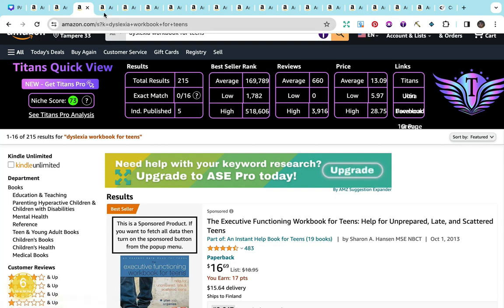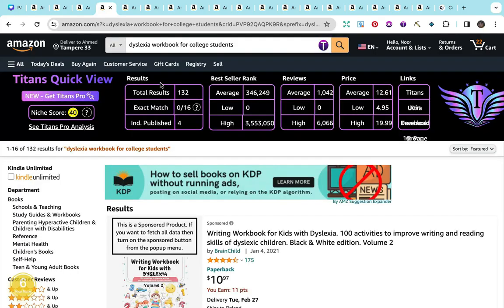Let's have a look at our final fourth keyword for the day, and it is dyslexia workbook for college students. It's also a great keyword to use. Then you could utilize this for the title, for the subtitle, or for the 7 keyword slots. But if you do put it for the title or subtitle, make sure that it is exactly specific to college students.